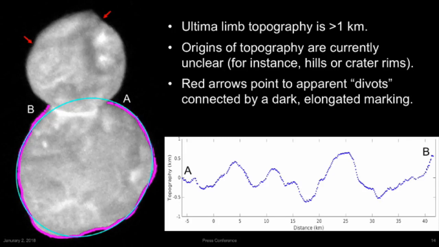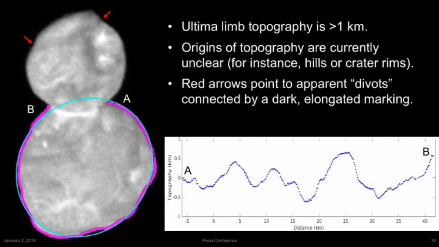And it's interesting that looking at these profiles, there is a suggestion that we could just as easily be seeing positive topography as negative topography. And by that I mean we might find that Ultima Thule has a substantial component of hills and ridges as opposed to just craters.